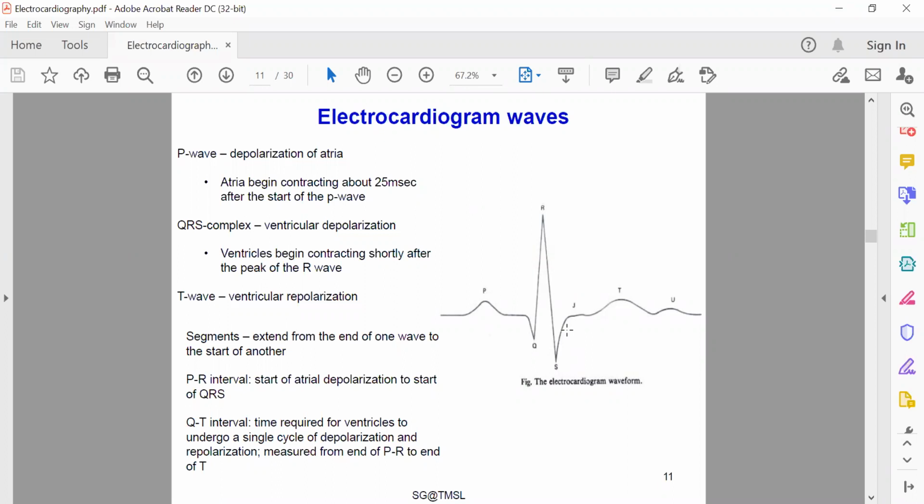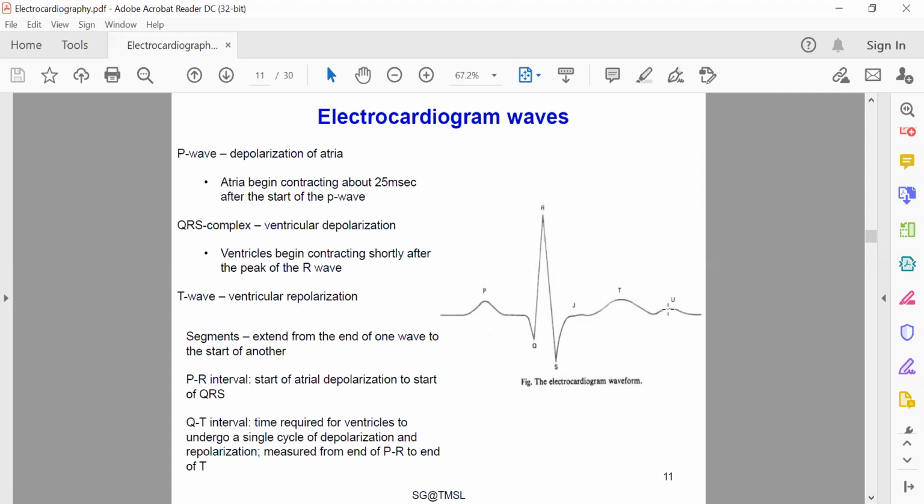Next is the T wave, the wave of ventricular repolarization, whereas the U wave, if present, is not normally there every time. If it is present, it is generally believed to be the result of after potentials in the ventricular muscle.